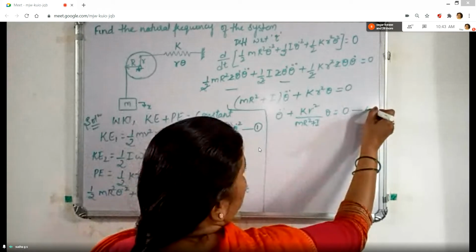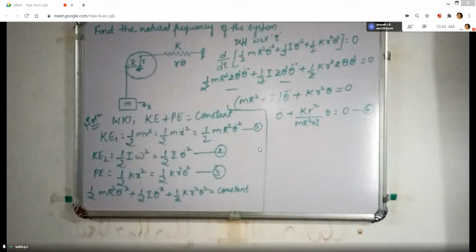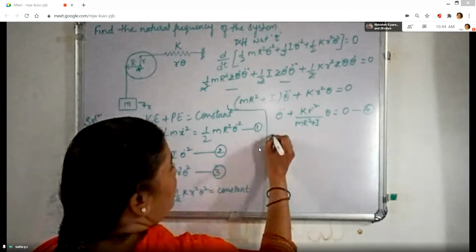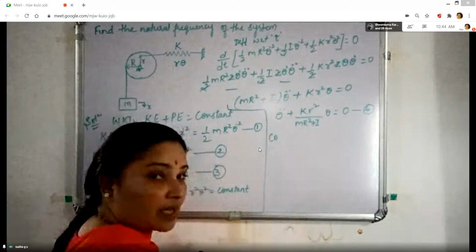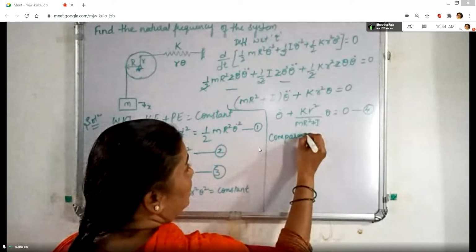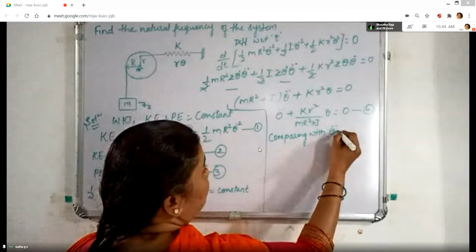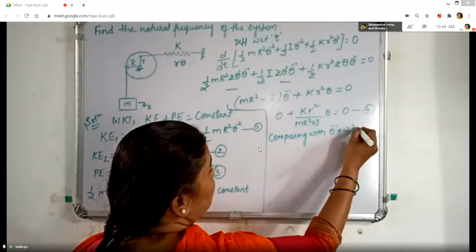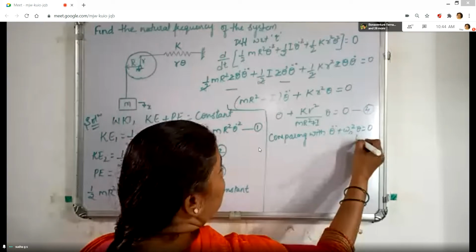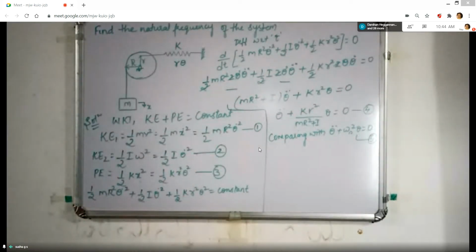Now we will compare it with our standard equation, theta double dot plus omega n square theta is equal to 0. Call it as equation number 5.